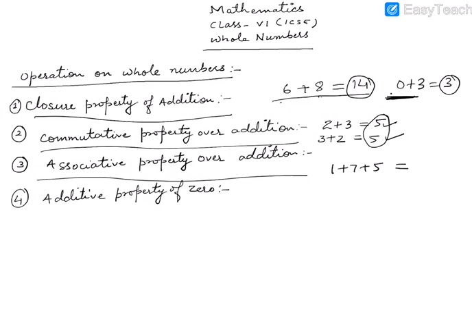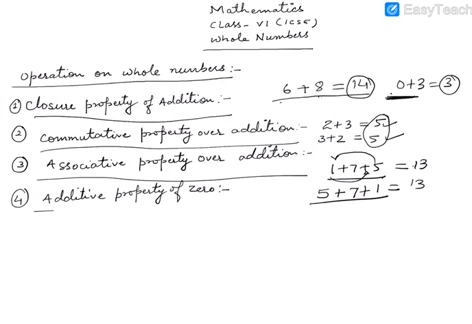The answer is 7 plus 5, 12, plus 1, 13. Now change the sequence: last will become first and first will become last. So in place of 1 we write 5, 7 stays at the same place, and 1 moves to last. Add it, again you get 13. In both cases the result is the same. This is known as the associative property over addition.